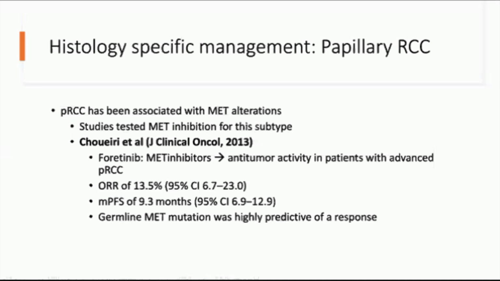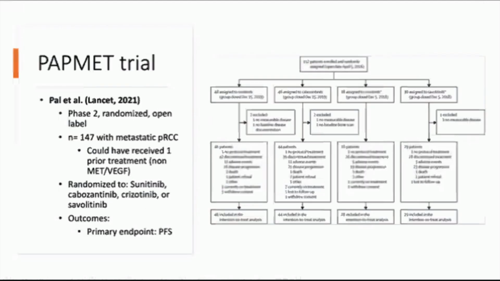And their following analysis showed that germline MET mutation was highly predictive of response, which was encouraging for the coming trials. So several years later in 2021, Pal and colleagues shared the results of their PAPMET trial, which was a phase 2 randomized, open-label study that enrolled 147 patients with metastatic papillary RCC.